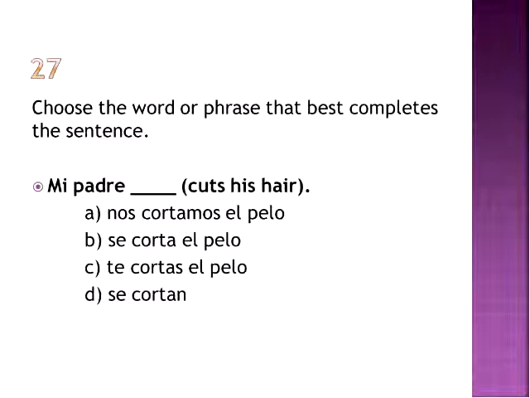Okay, so the verb is cortar, but he's cutting his own hair, so you make it reflexive. Cortarse is the word you use. Okay, it's mi padre, so it's going to third person singular. So it would be the se form, se corta. And then el pelo.